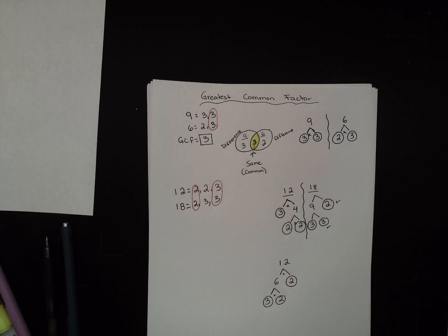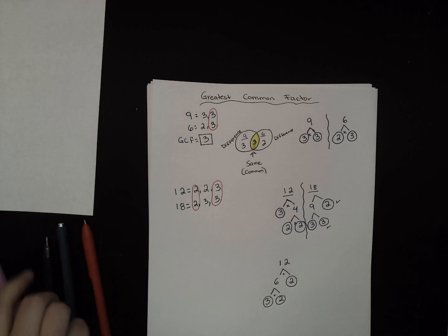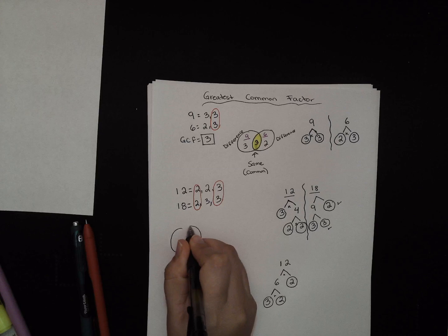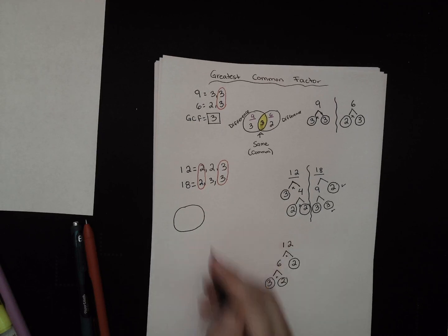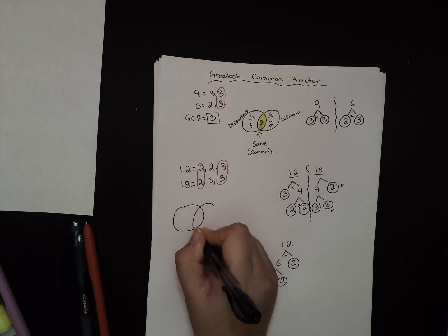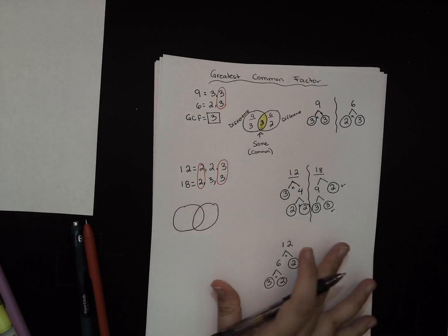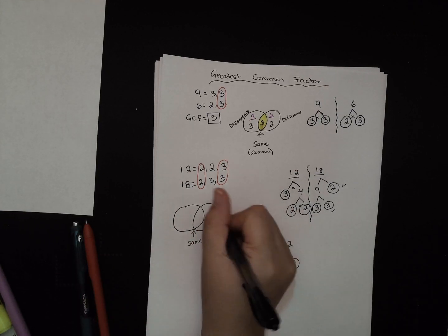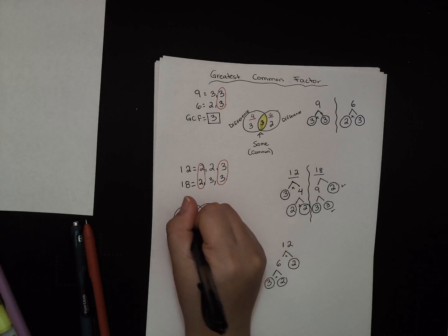So what's my greatest common factor here? Well, this is what I need to do. I'm going to do a Venn diagram just to help you out. So I'm going to put a circle, and another circle. Again, remember, we need to find out what they have in common. For this one, I have 12 here.